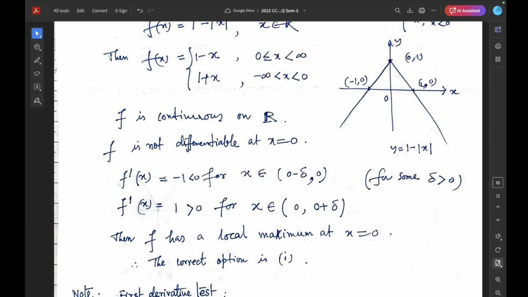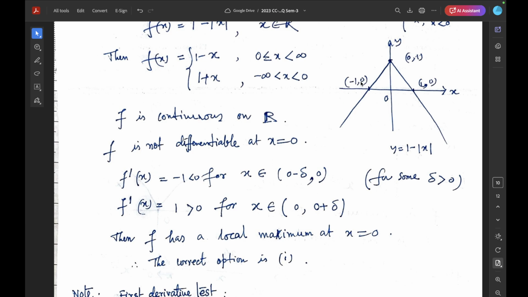Because f dash x equals minus 1, since f(x) equals 1 minus x, f dash x is minus 1, which is less than 0 for x belonging to the open interval (0 minus delta, 0) for some positive delta, at the immediate left hand neighborhood of 0.